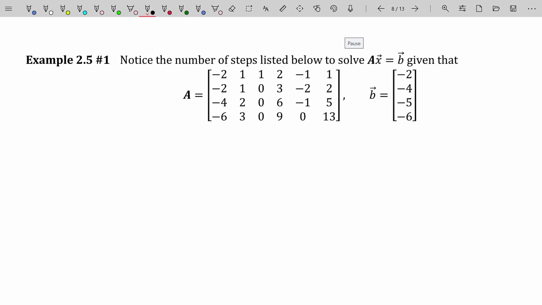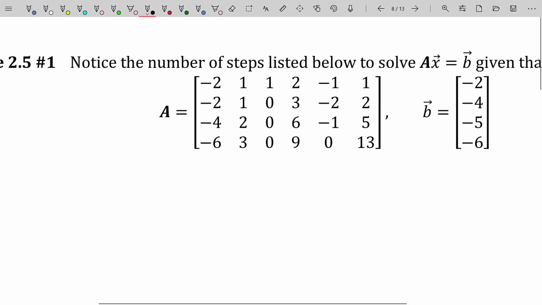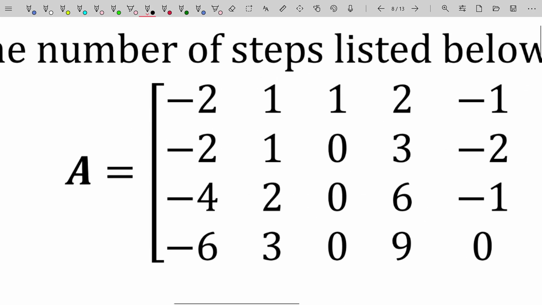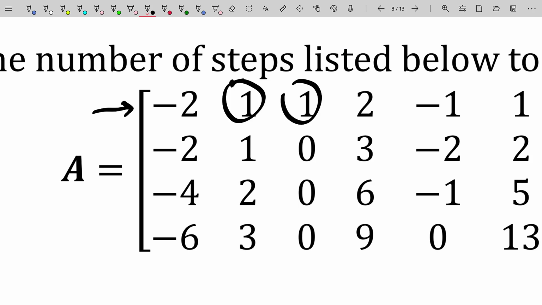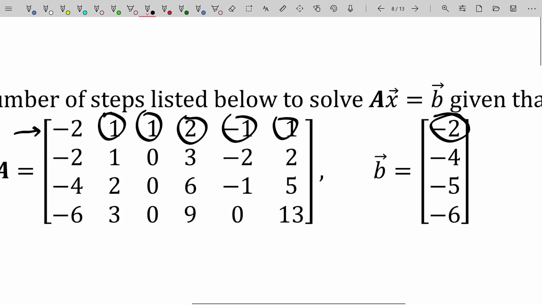Now, first of all, just so you know that I'm not cheating and I'm not trying to give an advantage to LU factorization over normal reduced row echelon form processes, I am going to really optimize my reduced row echelon process. That is, I'm not going to divide a row by a non-zero constant. For example, I wouldn't start by dividing row 1 by -2 because that would require me to do 1, 2, 3, 4, 5, and 6 divisions.